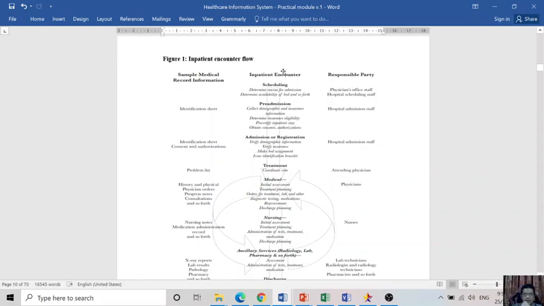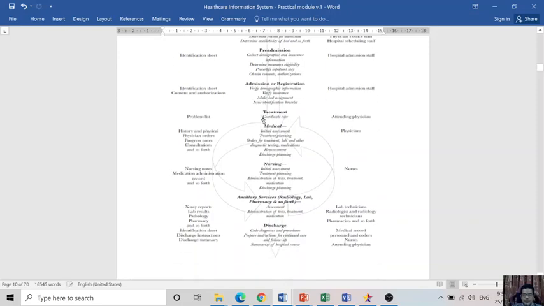So this is a patient encounter when they go to the scheduling department, when they go for admission. So we have a pre-admission. So what are the data included? Look at the left side. The left side is the data information collected during each of the process.